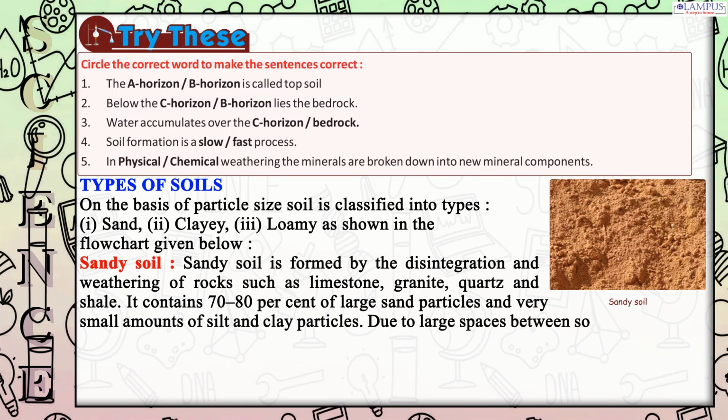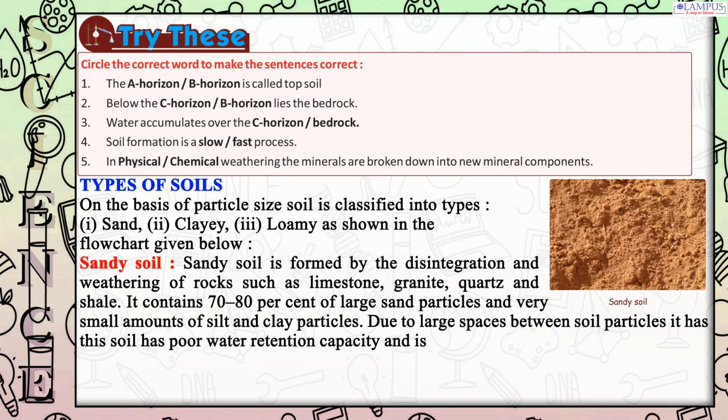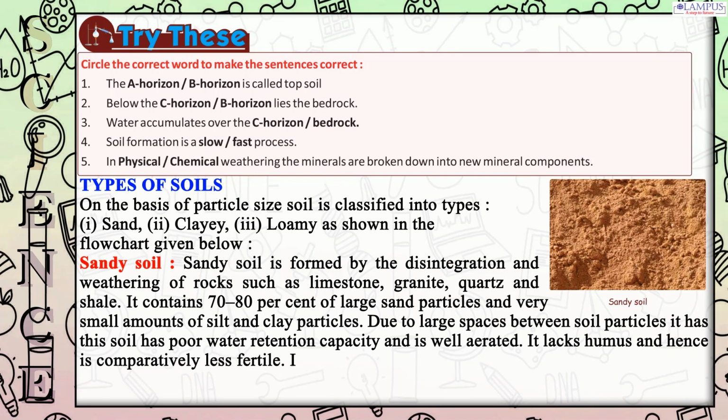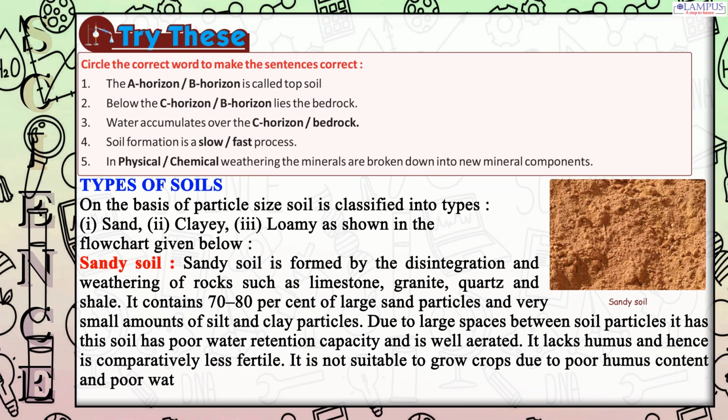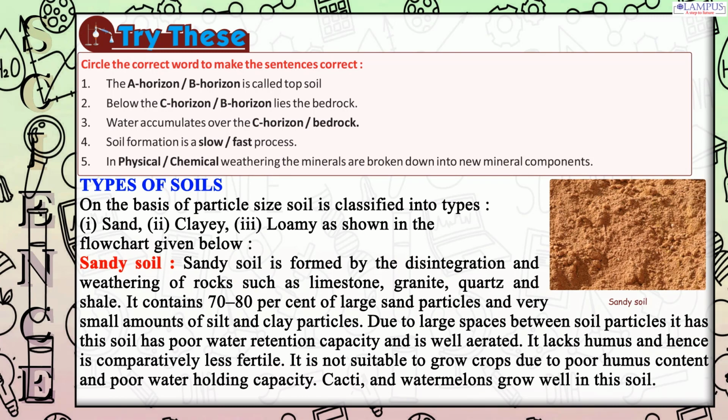Due to large spaces between soil particles, this soil has poor water retention capacity and is well aerated. It lacks humus and hence is comparatively less fertile. It is not suitable to grow crops due to poor humus content and poor water holding capacity. Cacti and watermelons grow well in this soil.